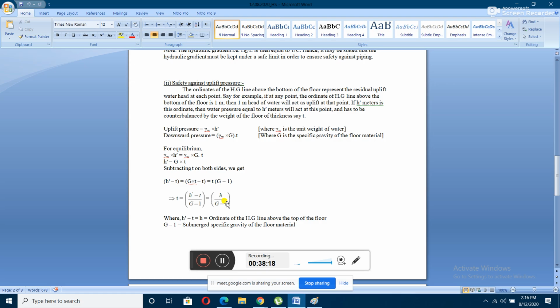In soil mechanics, I think you have studied that G minus 1 is the submerged specific gravity of the floor material. So this h value will be changing. Look, this G minus 1 is constant for a particular floor material, your specific gravity won't be changing, right? So the denominator, that is G minus 1, will be constant. What will change is the value of h.